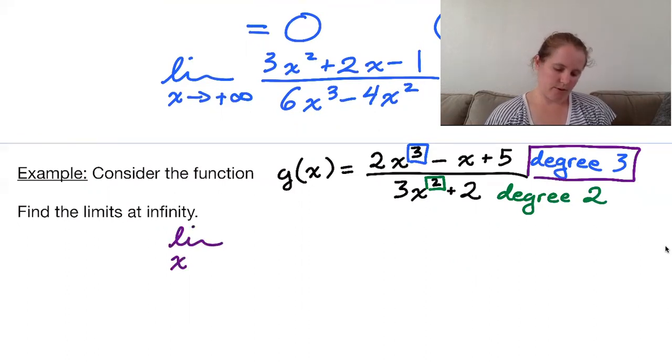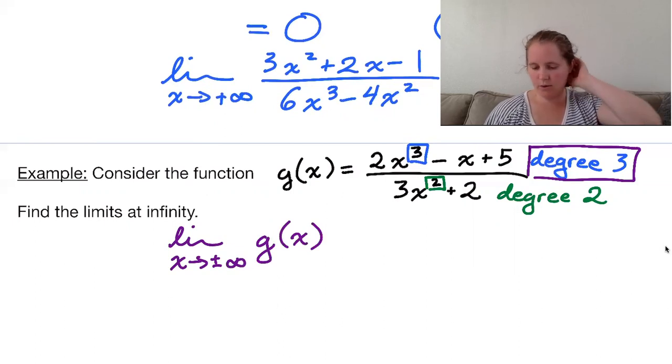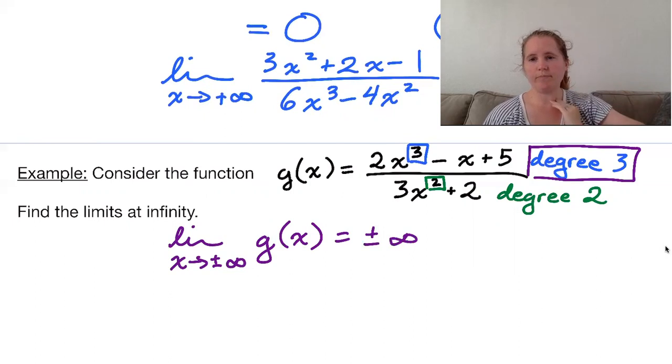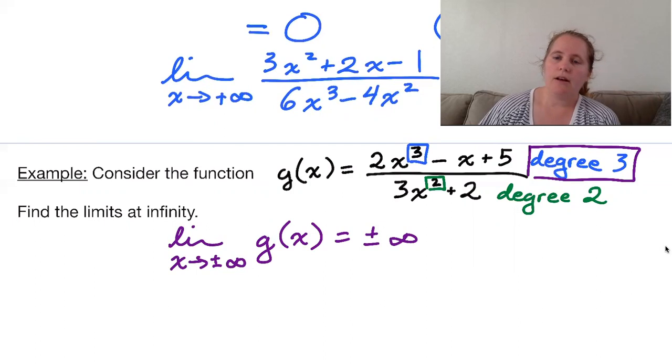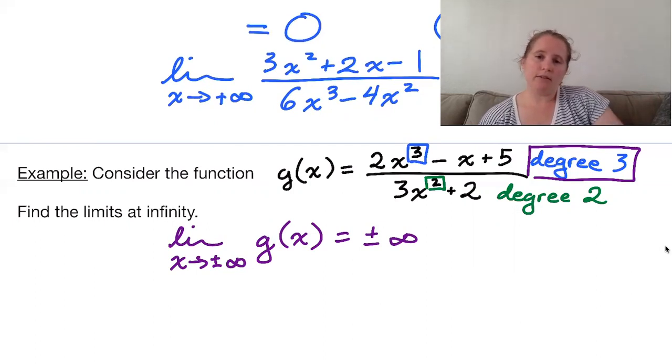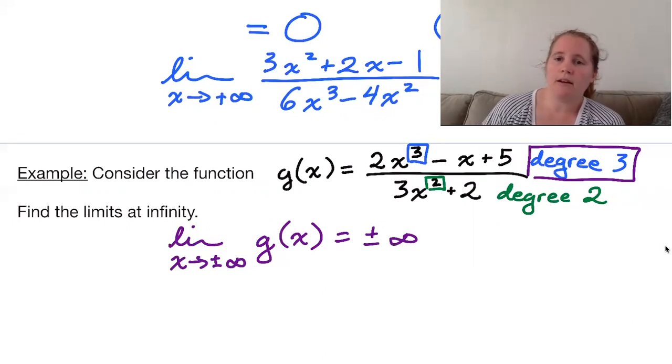So we know that the limits as we go to plus or minus infinity of g of x are either positive or negative infinity. Something to look for here: 2x cubed minus x plus 5 will take the sign of the leading coefficient as x goes to positive infinity, and it will be negative as it goes to negative infinity. 3x squared plus 2 will take the sign of the leading coefficient for both.